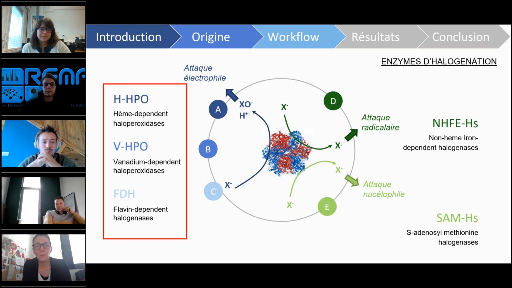The ones that have been described in fungi so far are only the three on the left. And of these, vanadium haloperoxidases, VHPO, only four are described in the literature, so not much.